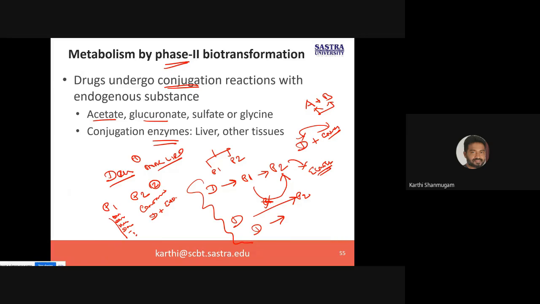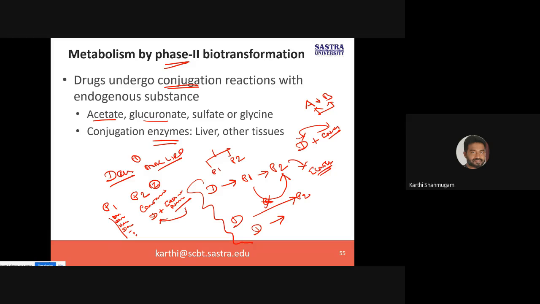Here the meaning of endogenous molecule is, we have different metabolic pathways. Every minute the body synthesizes different types of molecules. Some of those molecules may be highly polar in nature. Those molecules can be taken and attached to the original drug molecule to convert the non-polar drug molecule into a highly polar drug molecule.